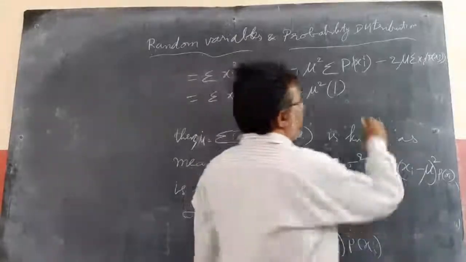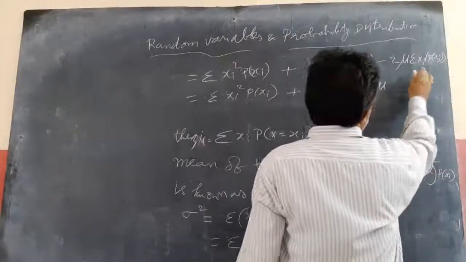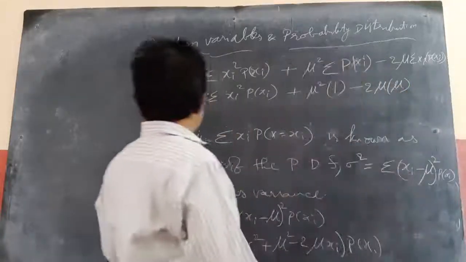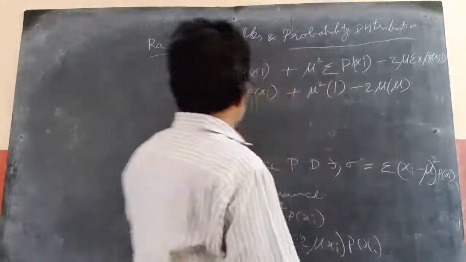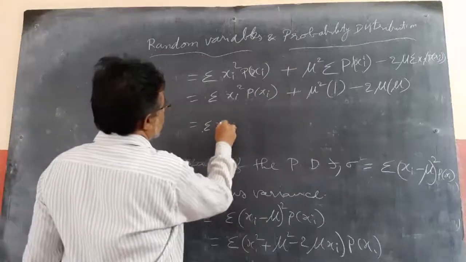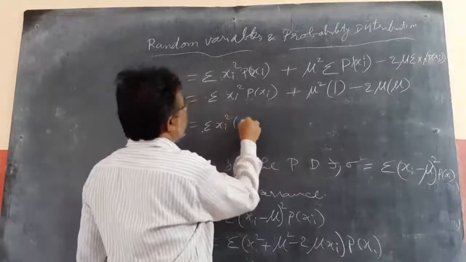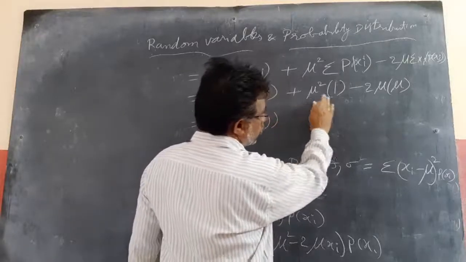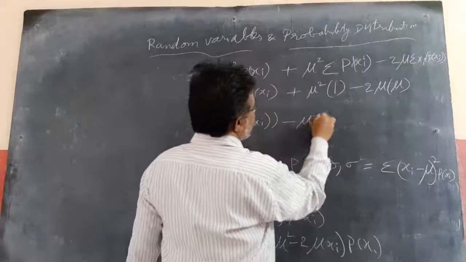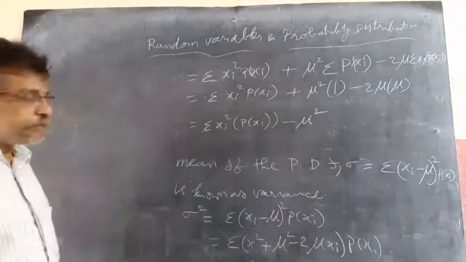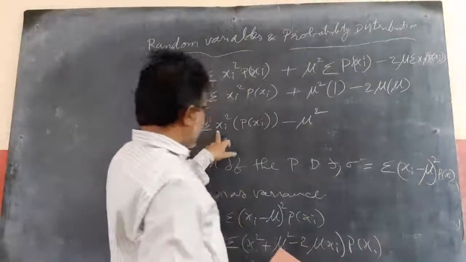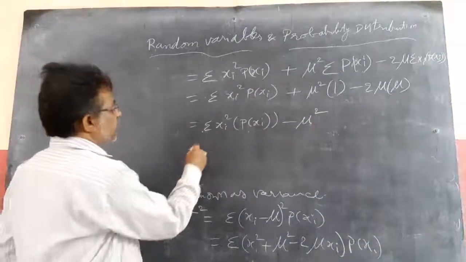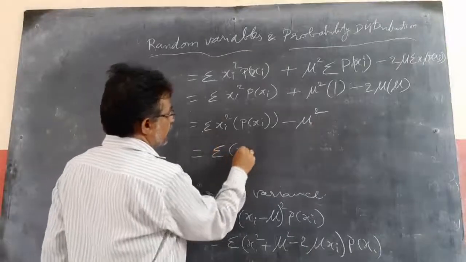Minus 2 mu into sigma xi P of xi, which is again mu, the mean. So this becomes sigma xi square into P of xi plus mu square minus 2 mu square, which is minus mu square. Sigma xi square into P of xi can also be written as E of x square.